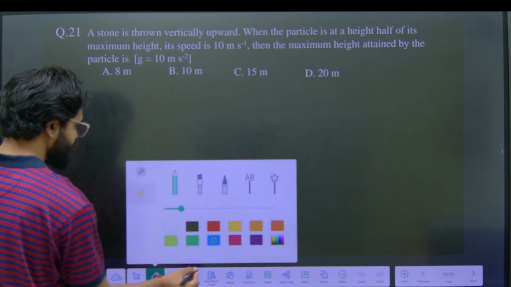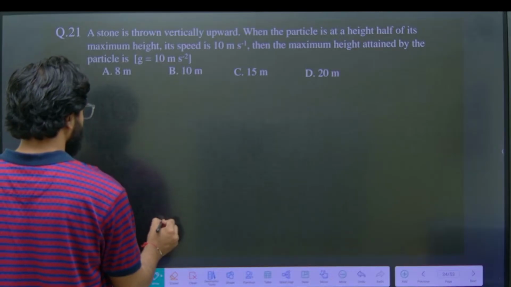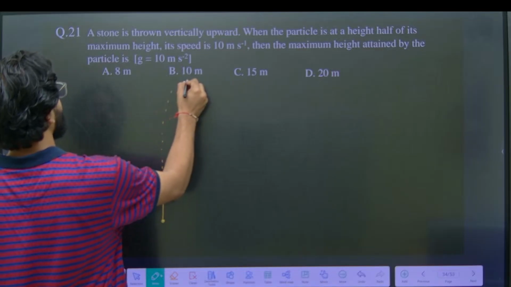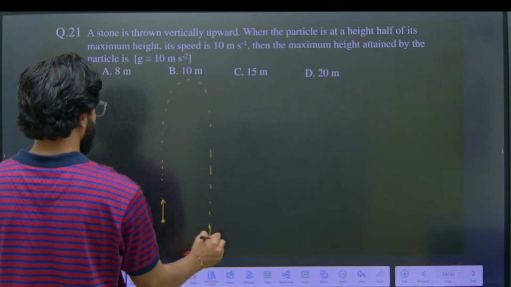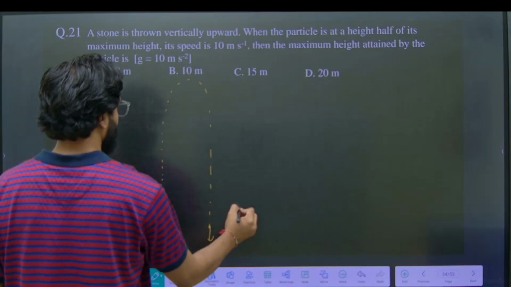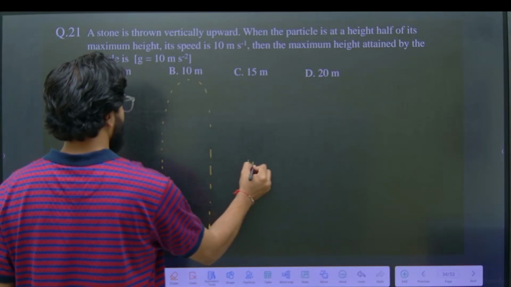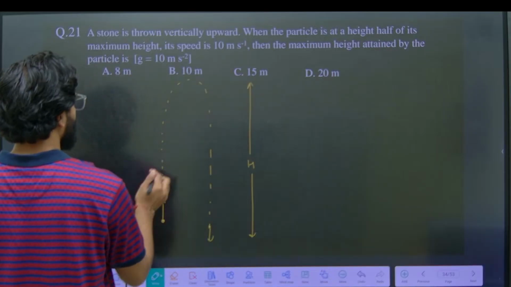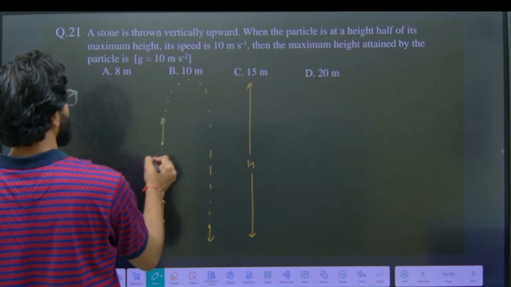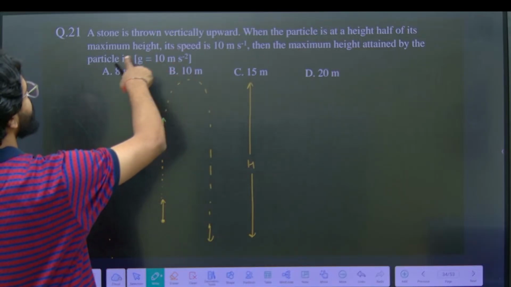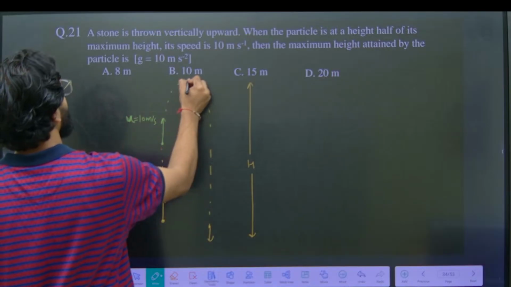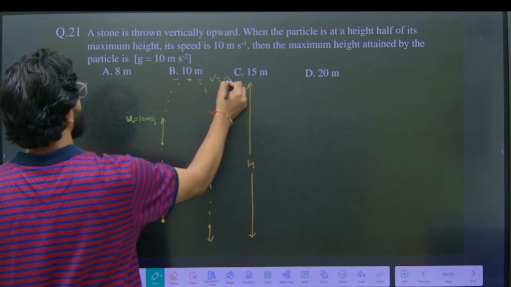Let's say this entire height is h, but we know the velocity at half of its maximum height is 10 meters per second. Let's call it u. And finally we know the velocity at the top is 0 meters per second.